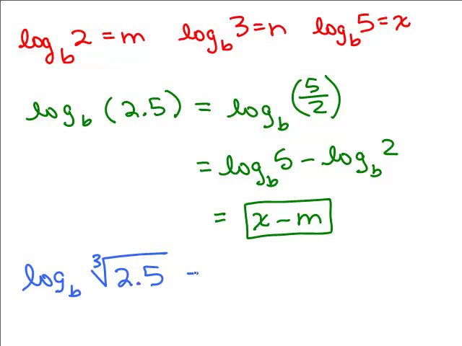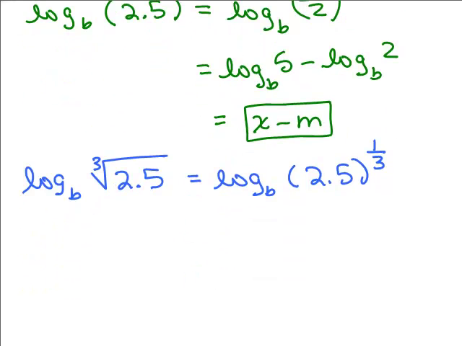Slightly trickier. We first can write that as log base b of, now that's going to be 2.5 to the 1/3, right? And then we could write that as, oops, I forgot to put the 1/3 out in front. We're going to put the 1/3 out in front, and so we have log base b of, now 2.5 is the same thing as 5/2.